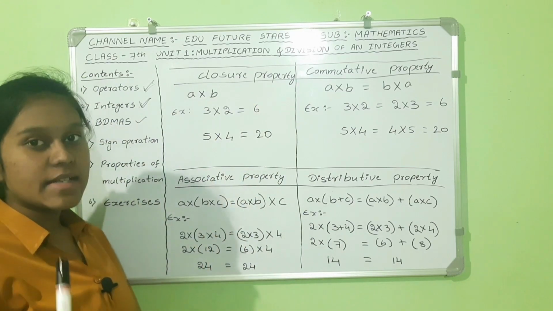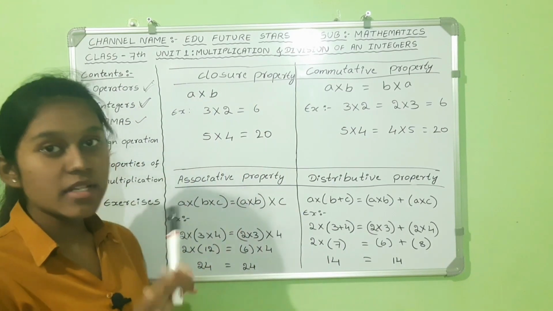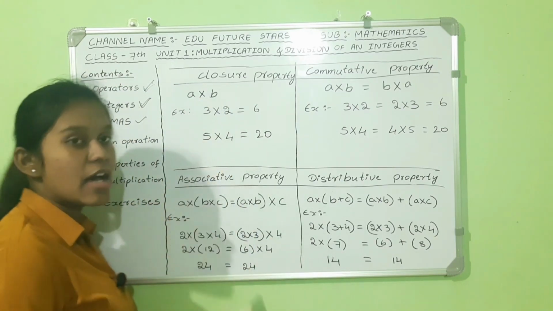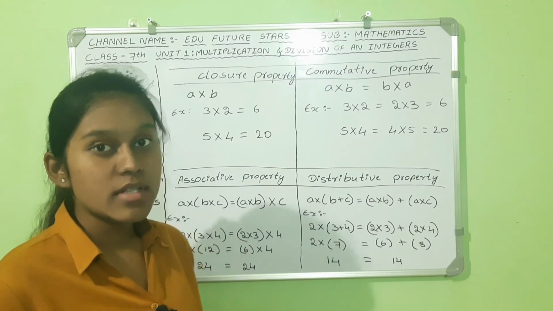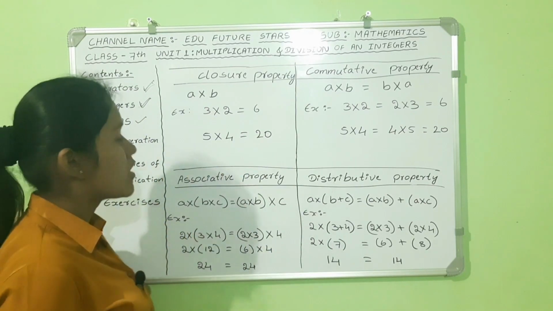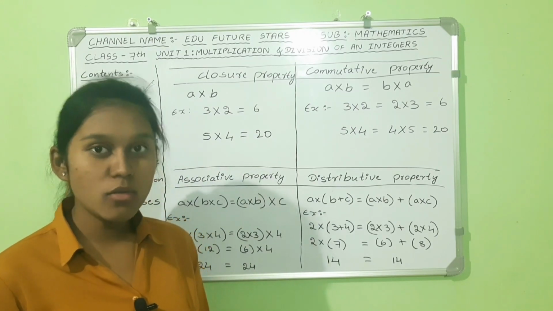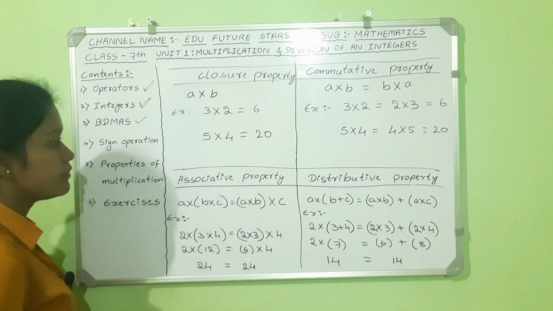Closure property is nothing but in the format of A into B. Simply that is a normal multiplication. A and B are integers. It could be a positive or a negative sign. So this is just a multiplication.